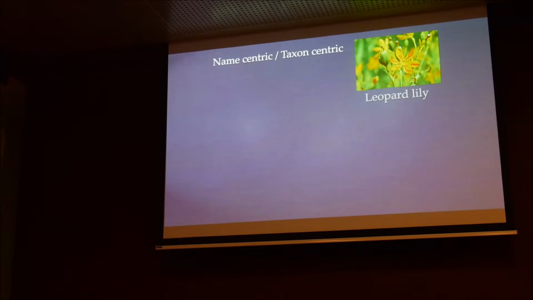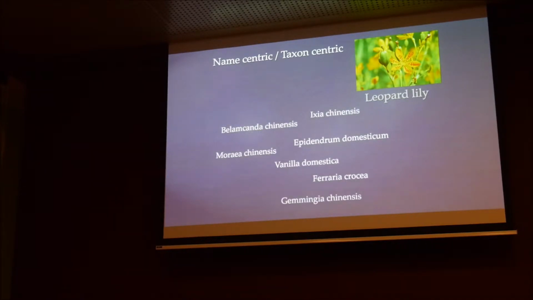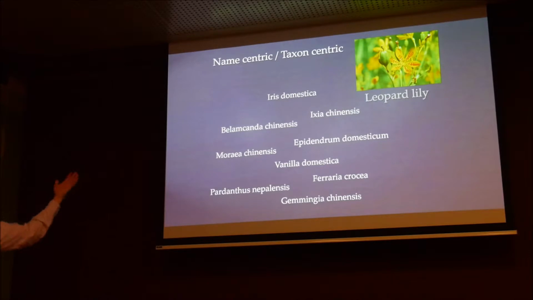Iris is taxon-centric, and here's a very good example, leopard lily, and the name changes that we've had. These are just a small example of the names, and some of these names have been accepted or considered to be the right name for leopard lily. If you've used Iris for 20 years, you follow this trend. Iris can then manage all these changes for you.